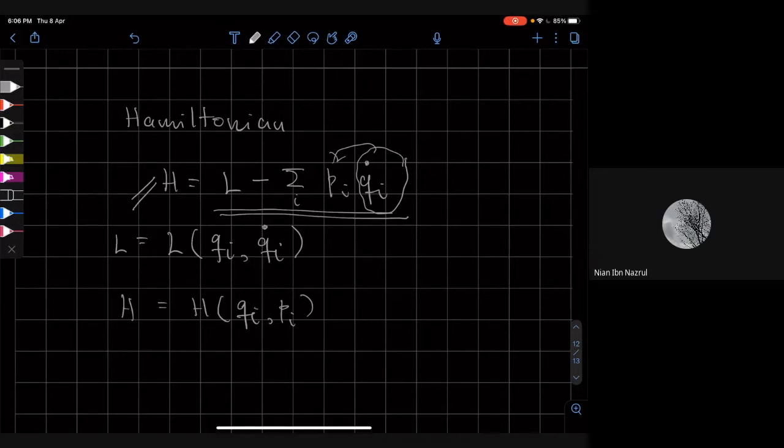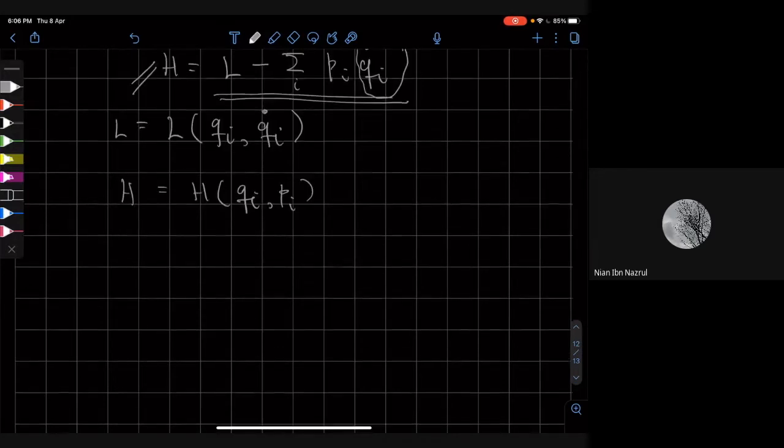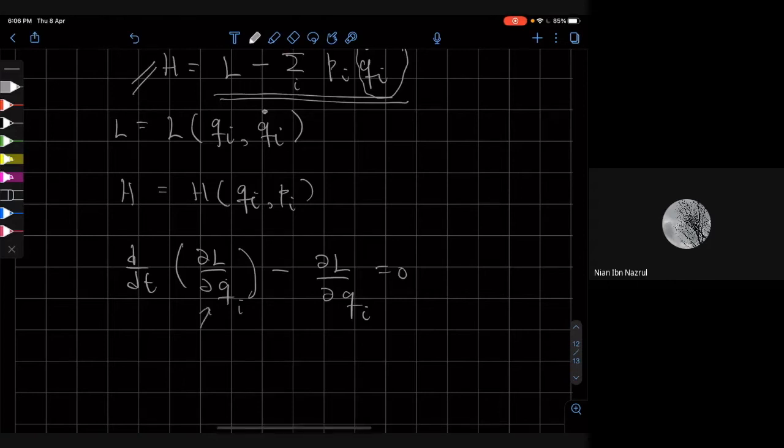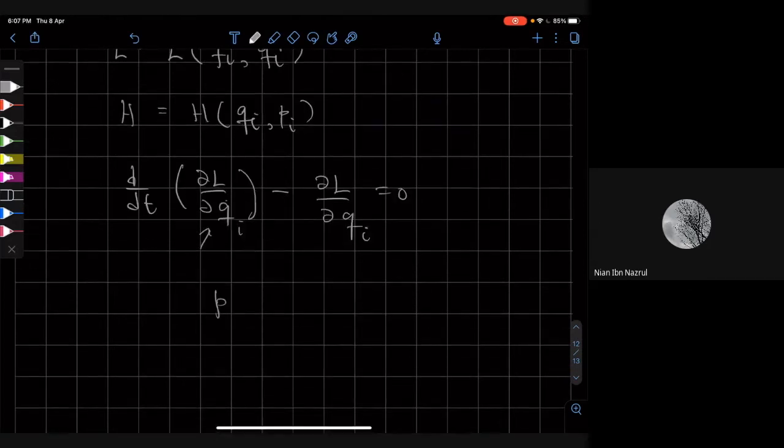Okay, then what happens to the Euler-Lagrange equation? If I take the Euler-Lagrange equation, and, sorry, there is no dot here, and plug in the expression for P, then this just becomes Pi dot.